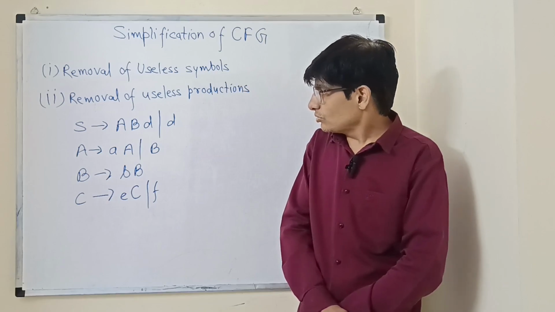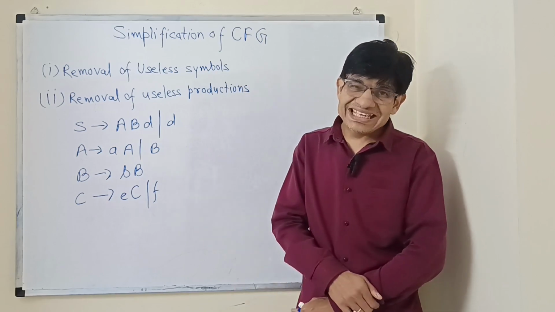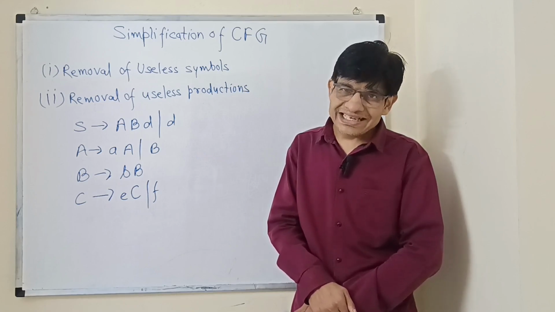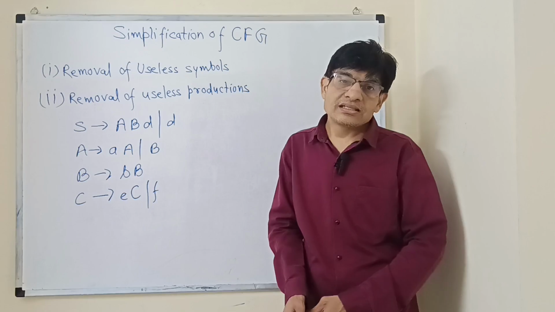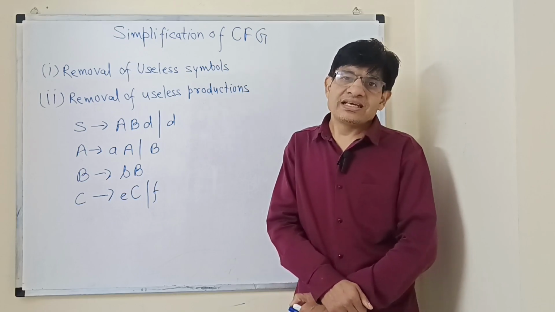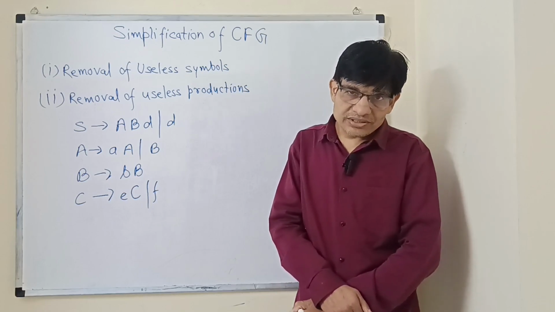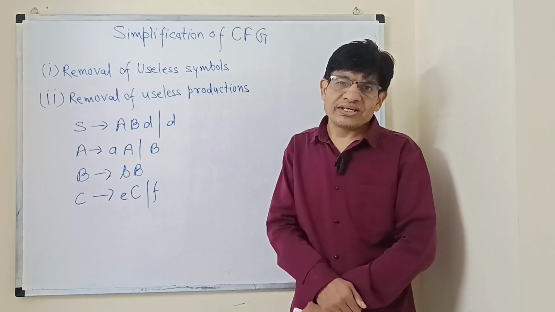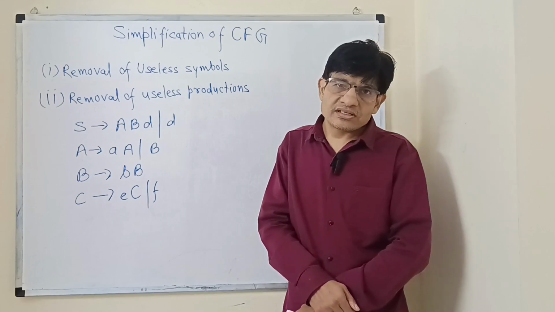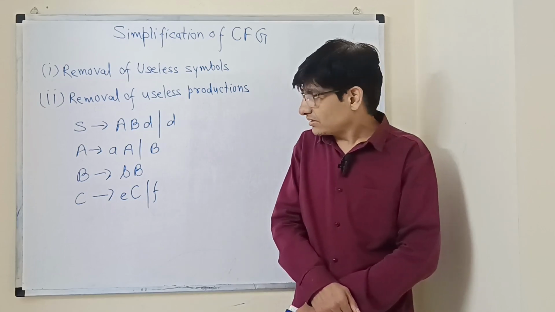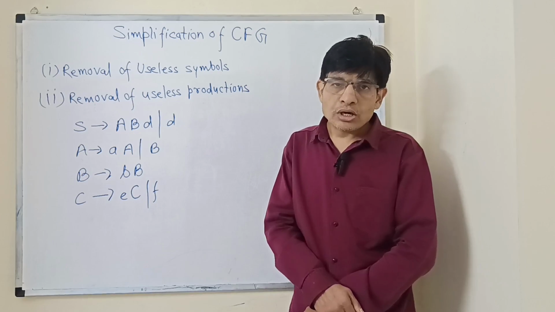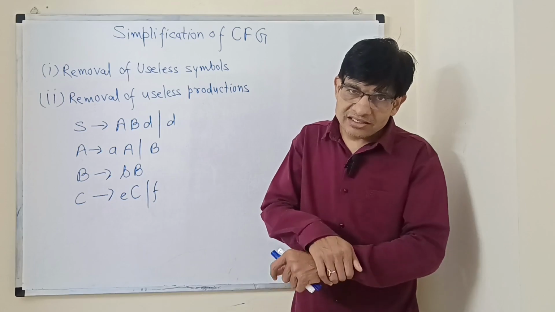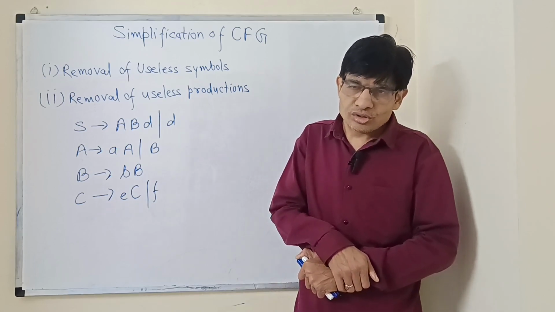So now, based on that, we can divide the variables of a grammar into two different categories. One that are participating in generating the final strings of the language, or some variables may be there that are not participating in the final string generation for that particular language. So how do you identify whether some variable is participating in the generation of the final string or not?